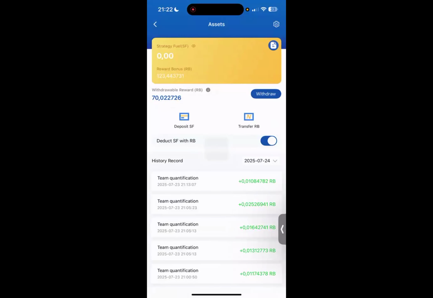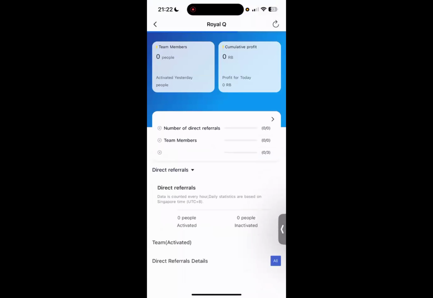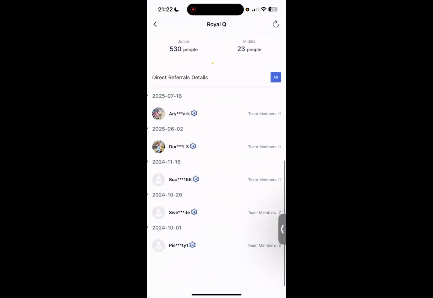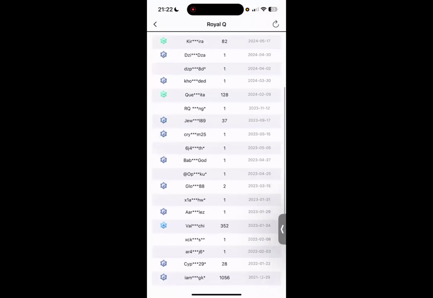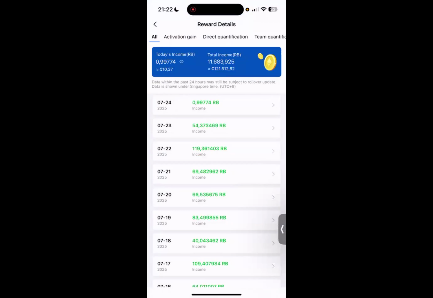You don't pay anything. All right, so let us go to API binding node team. This is where you see all your team members. Depending on the rank you are on and the people you have in your team, you'll be able to see all of them plus the ranks they are on. All right, so let's move out and go to reward details.